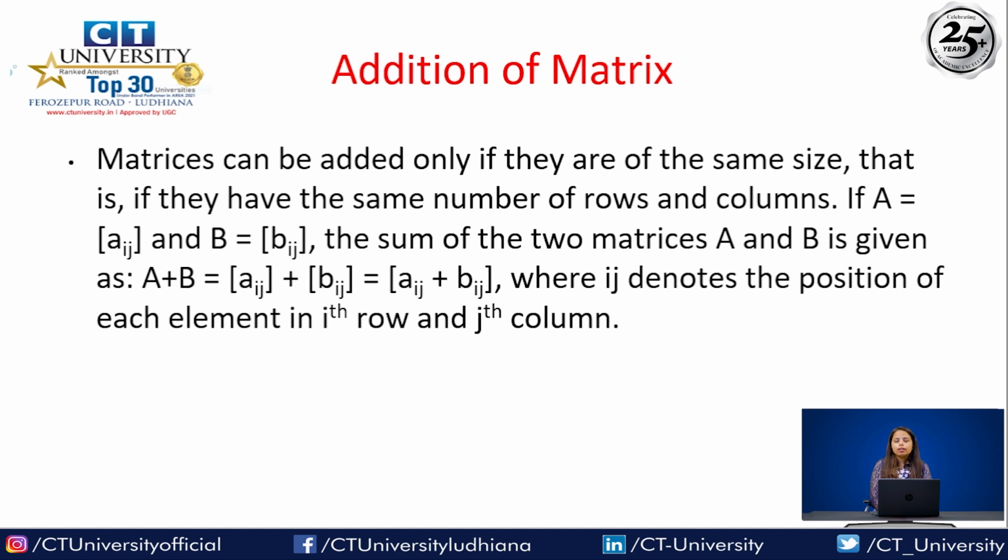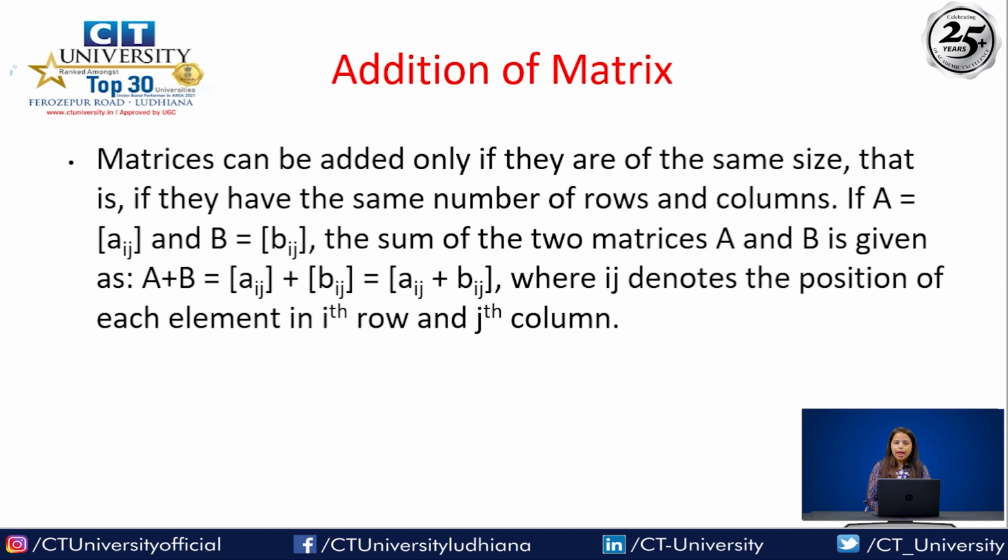Now there are some aspects in the matrix. The first one is addition of matrices. As the name suggests, what is addition? Addition means how you can add two numbers. So in this case, let's talk about the definition of addition of matrices.